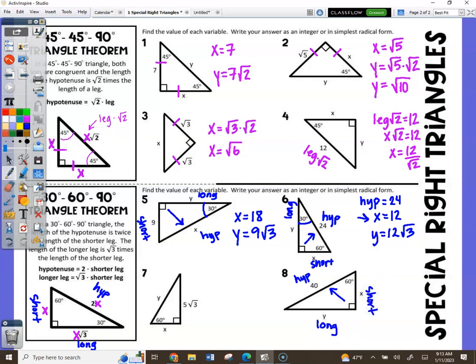Okay, so go to what you know. Remember that phrase. I know the hypotenuse is 40. Well, if the hypotenuse is 40, then the short is 20. And if the short is 20, then the long is 20 square root 3.